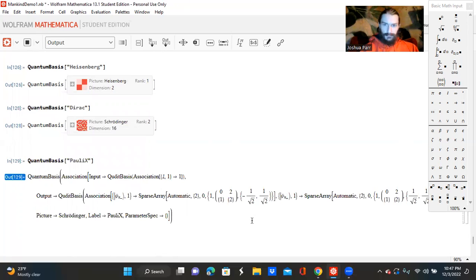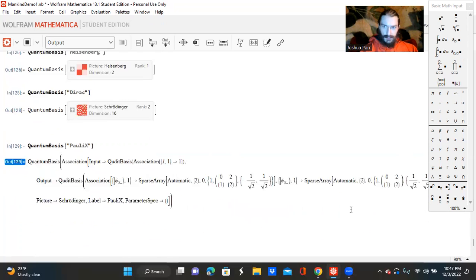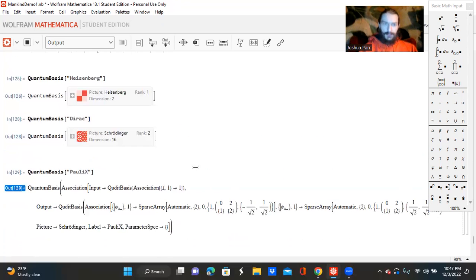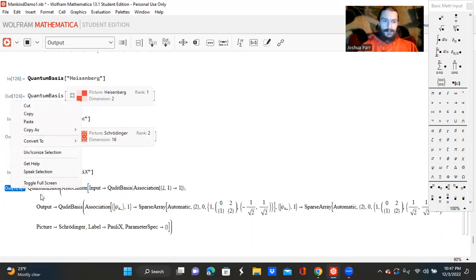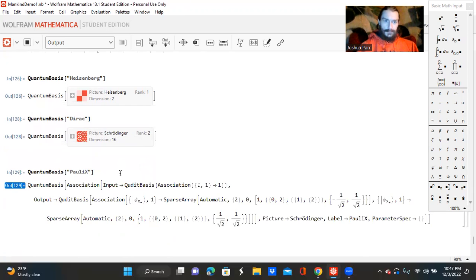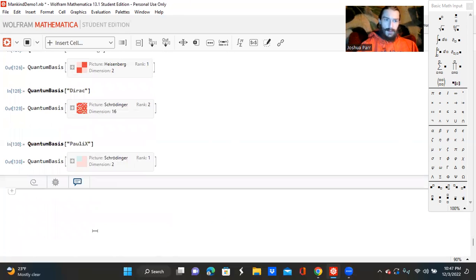And there we are. Pauli X, one or minus Pauli X plus. And then you get the amplitudes, probability densities and the amplitudes. Let's bring the X back.